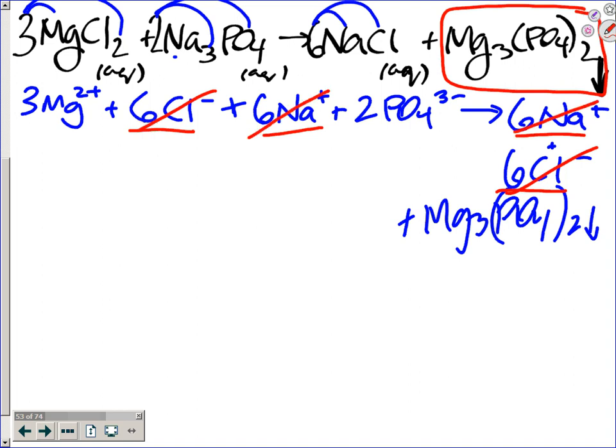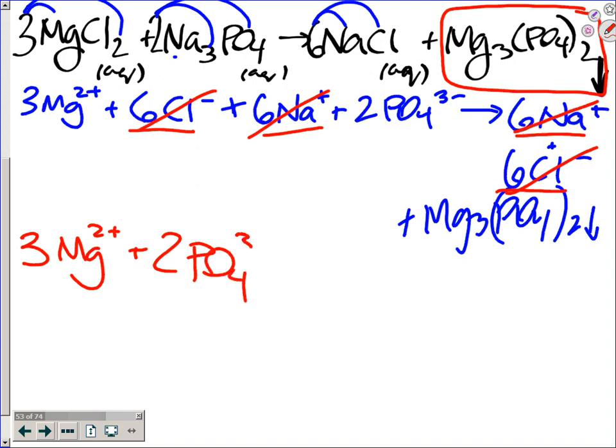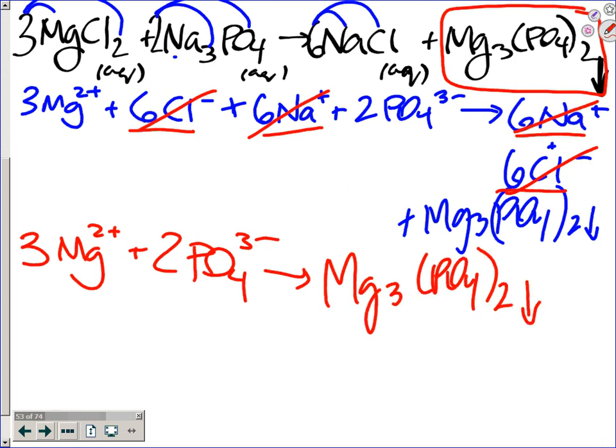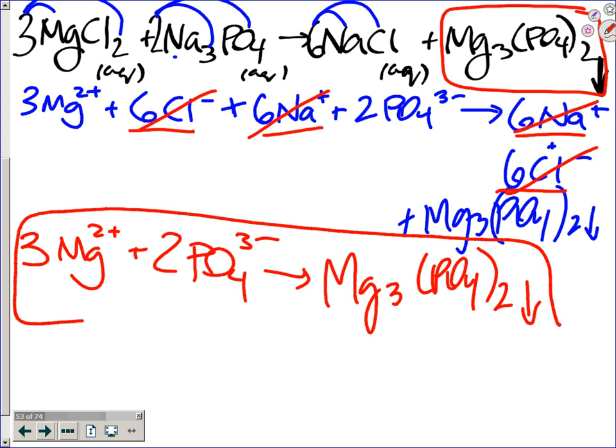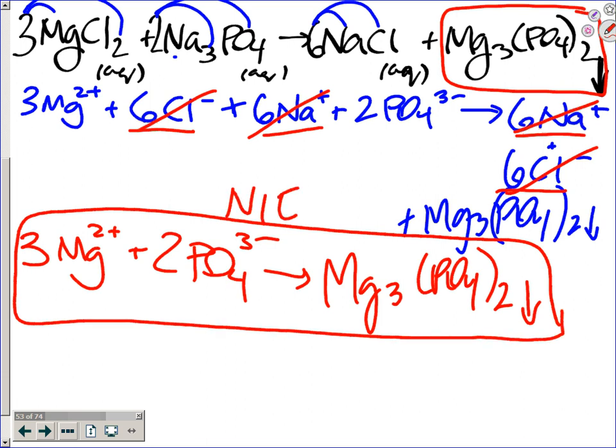Who are the main players in this game? Not only just magnesium, but 3 magnesium ions and 2 phosphate ions. They play, and they make what happen? It makes a precipitate. Good. Magnesium phosphate. So what I'm circling here will be called your what? Net, right? Your net ionic equation, your NIE, which is just the overall equation once you've canceled out spectators.